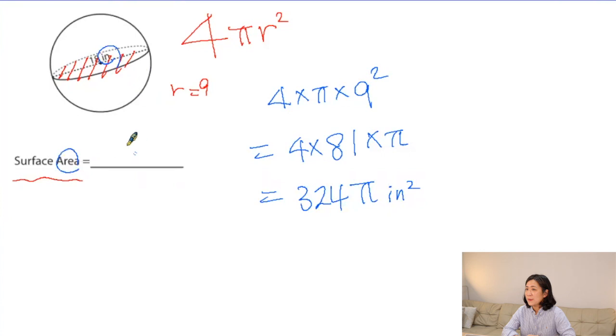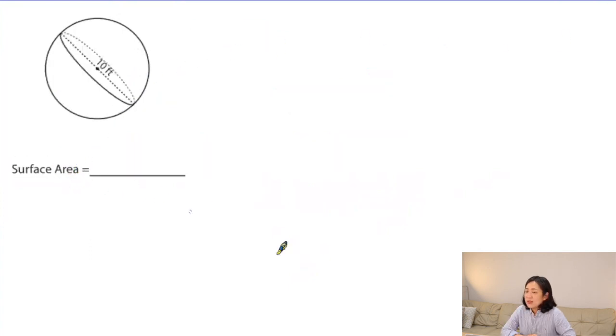Then make sure your unit is inch, that is area, that's why it's squared. So now 324 pi inch squared. Next one, again, surface area of the sphere, 4 pi r squared. Then you can see the cross section, and then your r is 5.